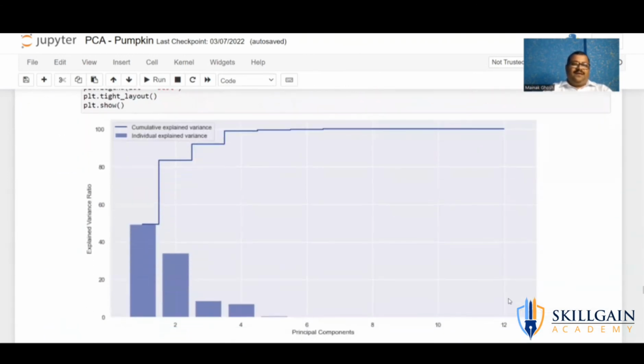These are the number of principal components on the x-axis, and on the y-axis the individual bar is there, and at the same time these are the cumulative bars. That is, the first bar can explain this much, the second bar individually can explain this much, first and second together can explain this much, third is this much, and this is 1 plus 2 plus all three together.